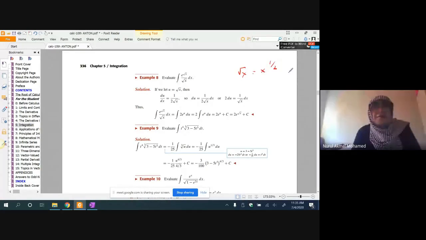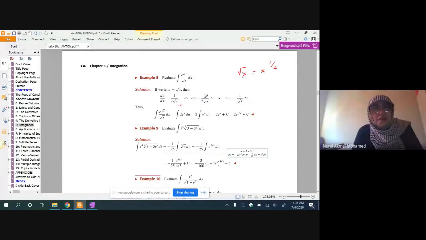So if you differentiate, it will be 1/2 x to the power of negative 1/2. So that's why you got this one. And then you write dx as the subject. Always write dx as the subject. Don't write in terms of u as the subject, because you want to replace dx here.